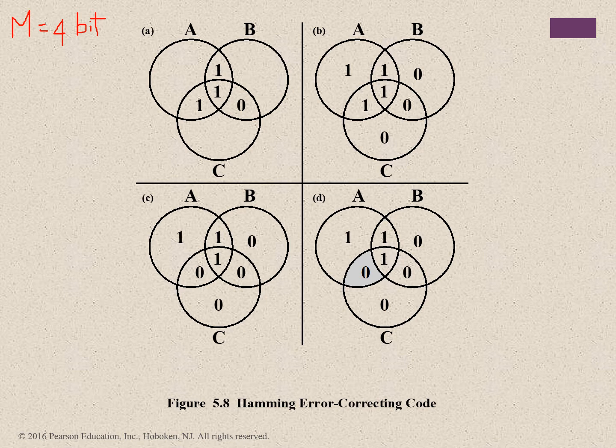Let's look at diagram A. Here you have three interconnecting circles, so there are 7 compartments.